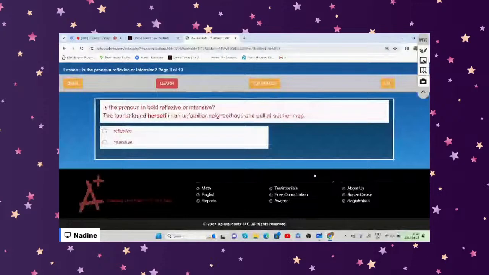The tourist found herself in an unfamiliar neighborhood and pulled out her map. Is this reflexive or intensive?